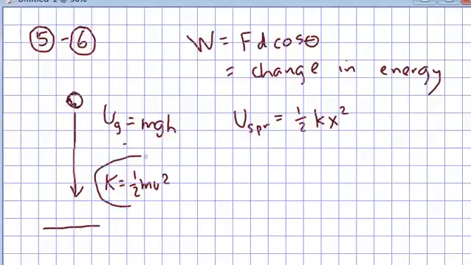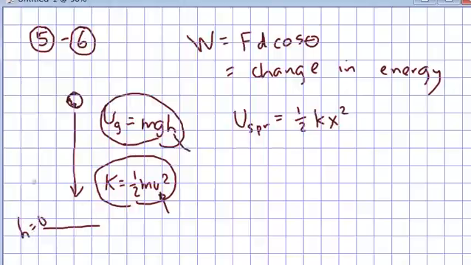Well, the kinetic energy is going to be increasing because the velocity is increasing, and the potential energy is going to be decreasing because the height, as measured from the reference point of the ground, is decreasing. But the one thing you can count on is the potential energy plus the kinetic energy will stay constant.